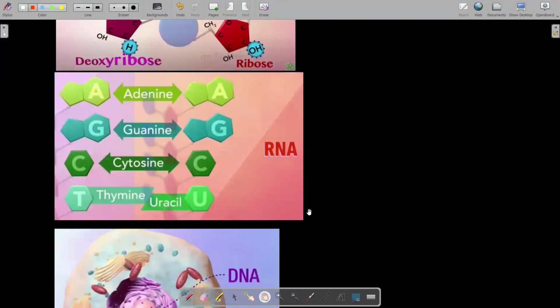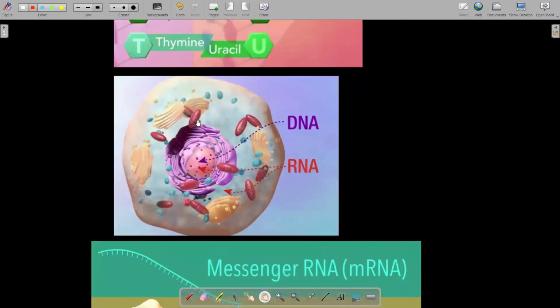While DNA is a double-stranded structure, RNA is always a single-stranded molecule. DNA is found in the nucleus. Let me show you a picture.